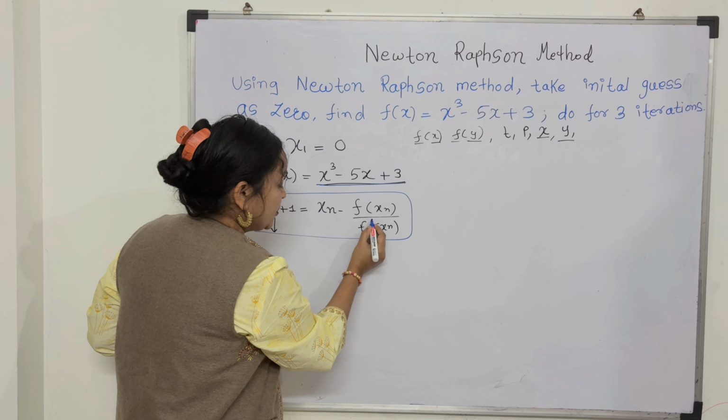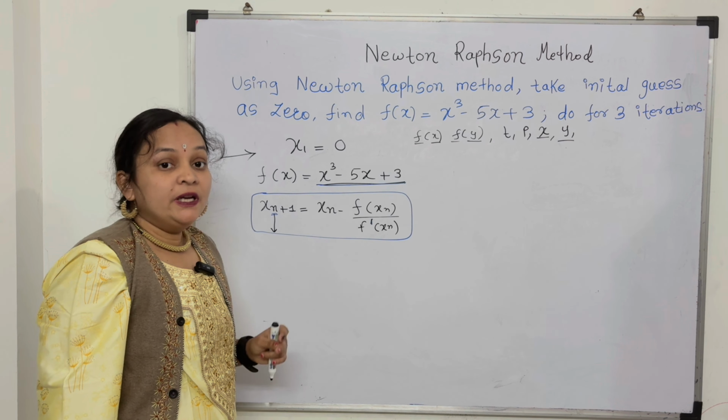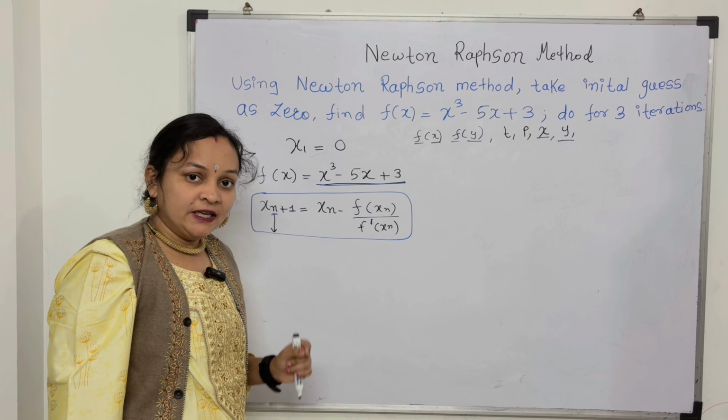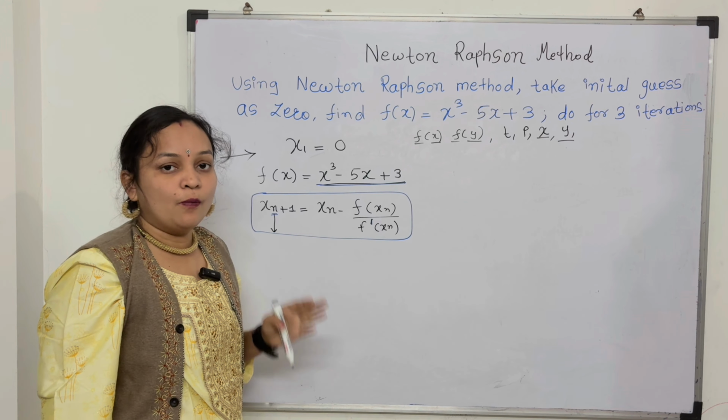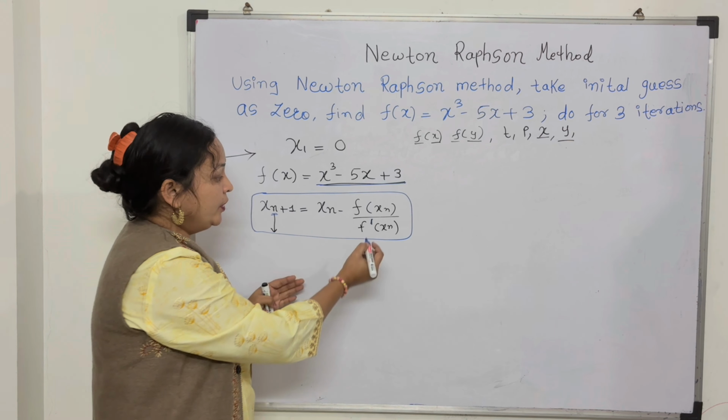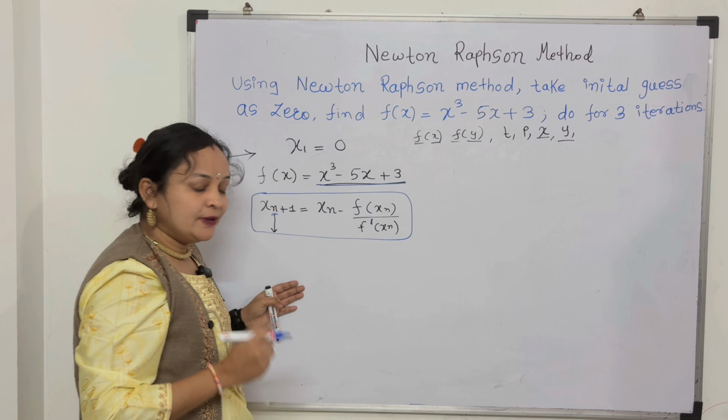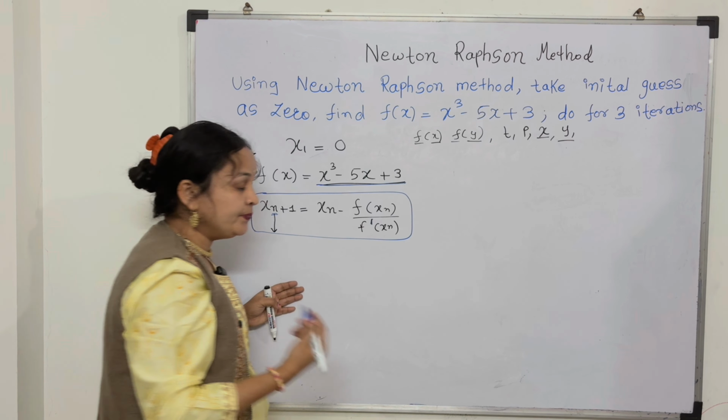Again, f dash of xn denotes the derivative of this function. Here only one dash is there, which means you take only the first derivative.